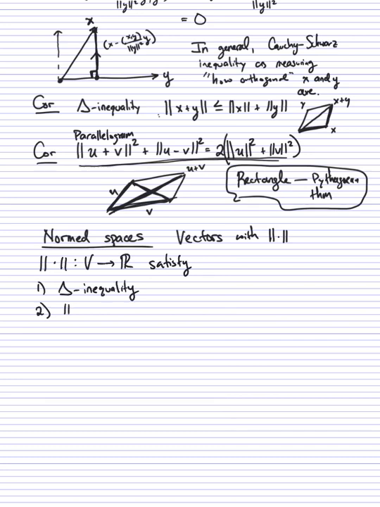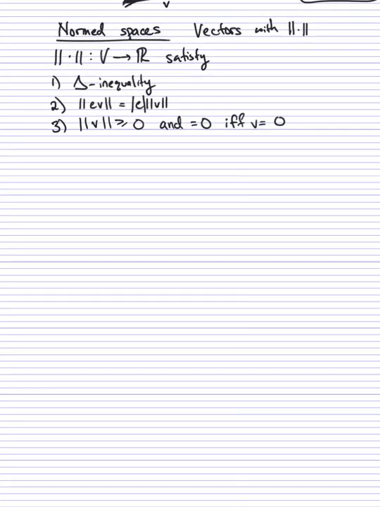It is multiplicative, so the norm of cV should be the absolute value of c times the norm of V. And the norm of V should be greater than or equal to 0, and equal to 0 if and only if V is equal to 0. So essentially what you get from an inner product, but now you can define this without an inner product, and then you get a more general class of spaces.